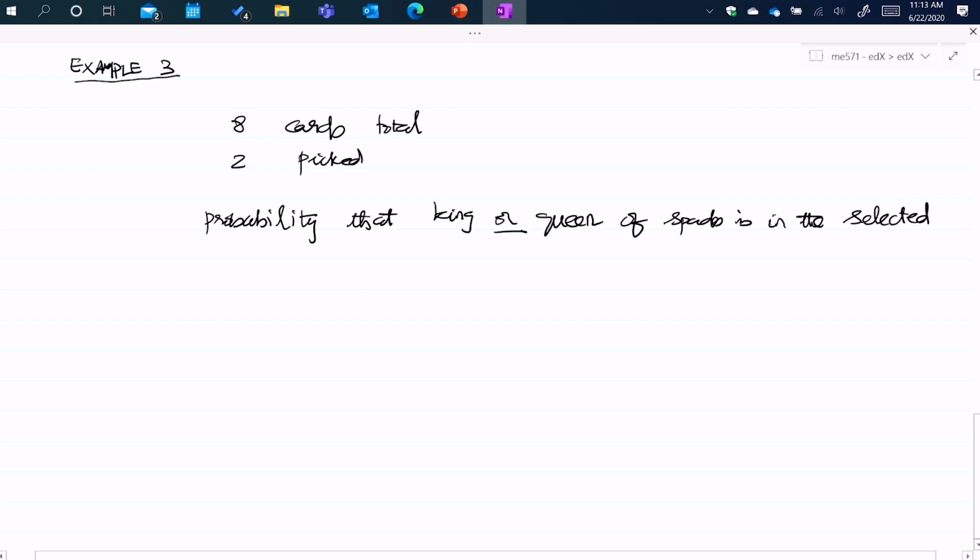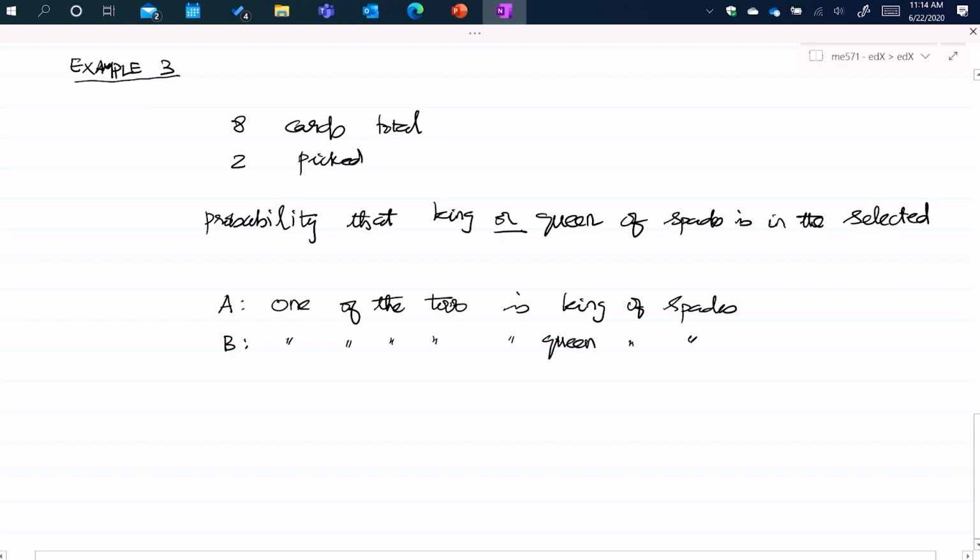Okay. So we need to define events here. In any probability problem, it's important to define events. So let A be the event that one of the 2 cards is the king of spades, and B be the event that one of the 2 is the queen of spades.